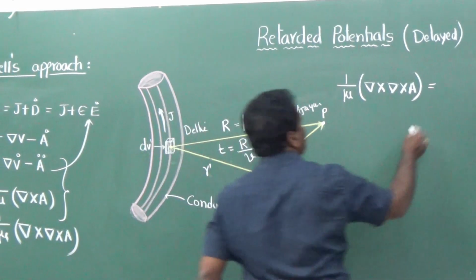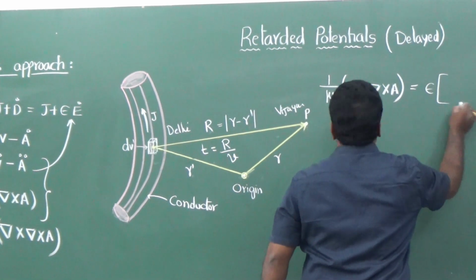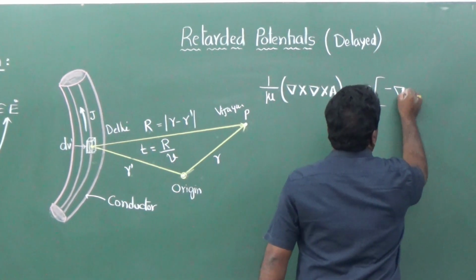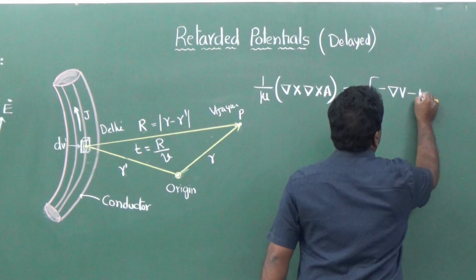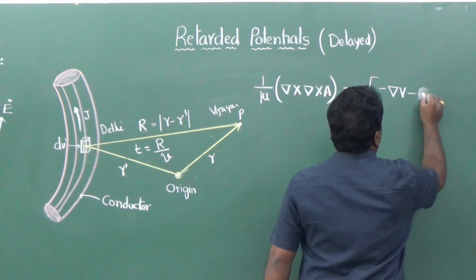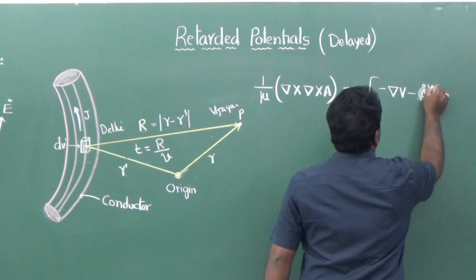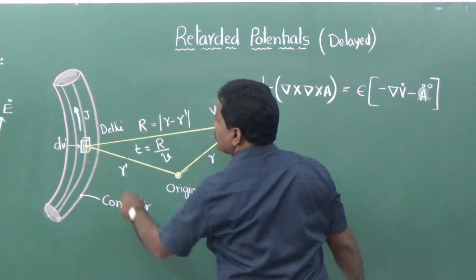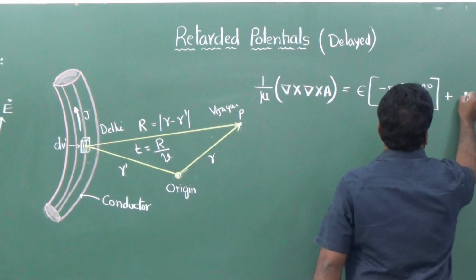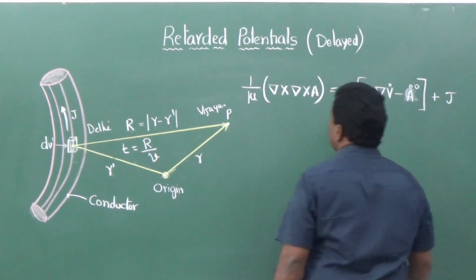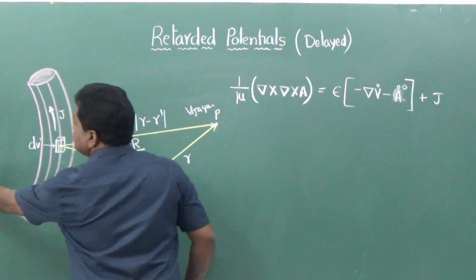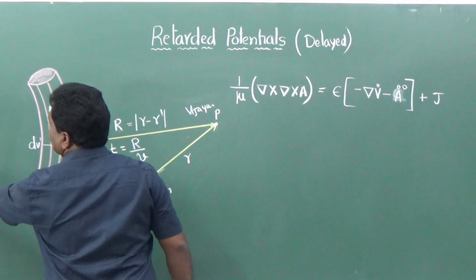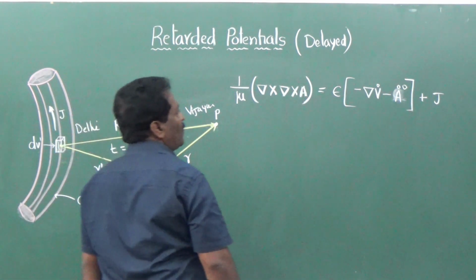Epsilon into E dot, where E dot means minus del V dot minus A double dot, plus J.